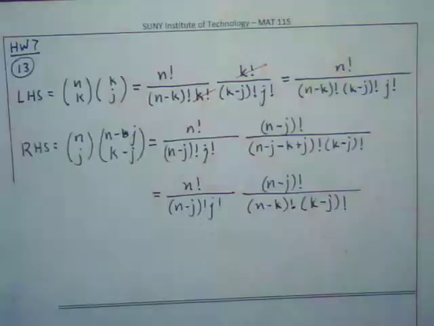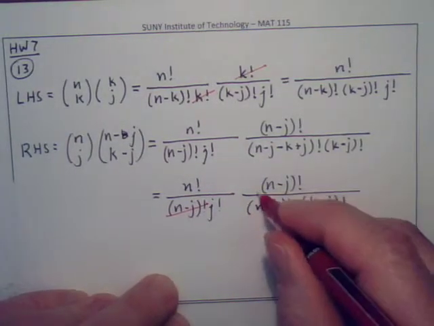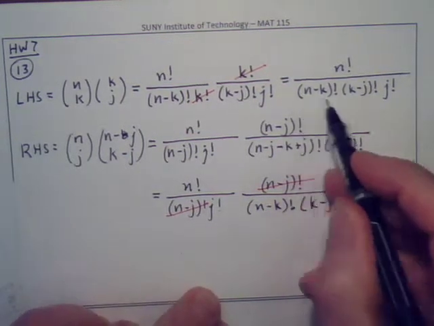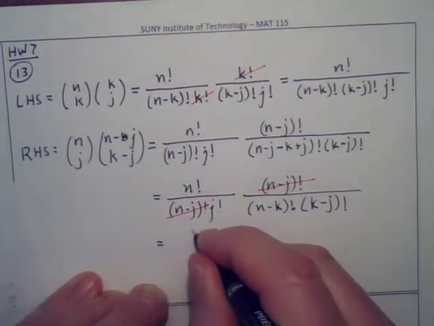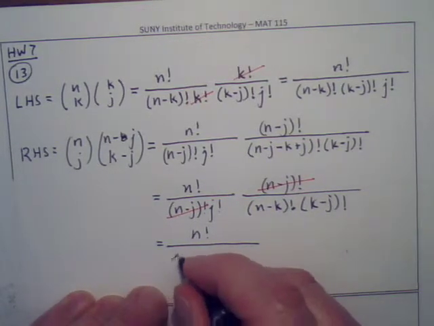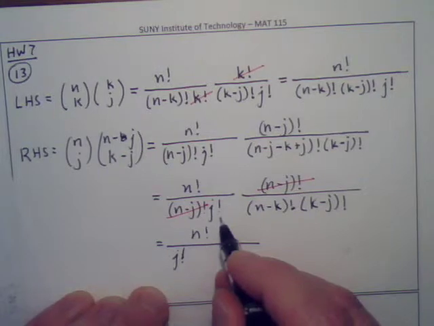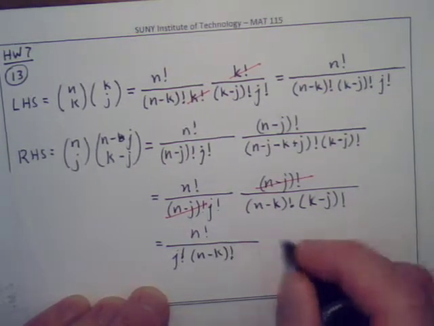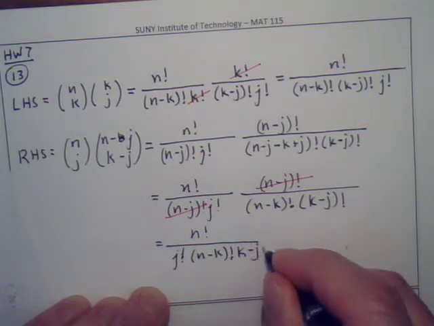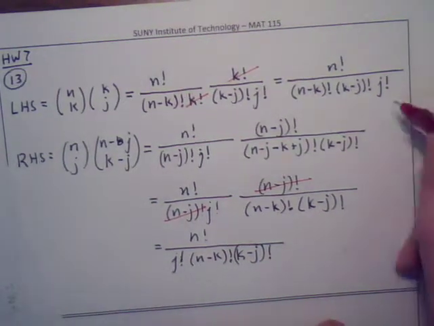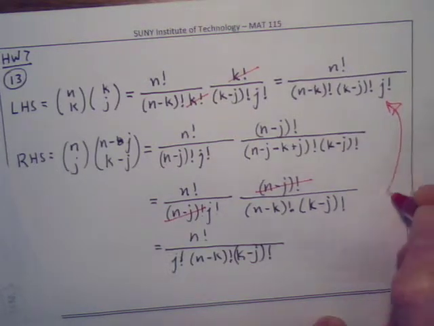You can see here that the n minus j factorials cancel, and I'm left with exactly what I have up here for the left-hand side: n factorial in the numerator, and in the denominator a j factorial, an n minus k factorial, and a k minus j factorial. And you can see that these two are equal.